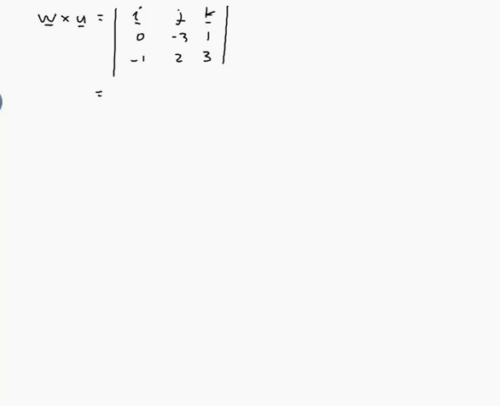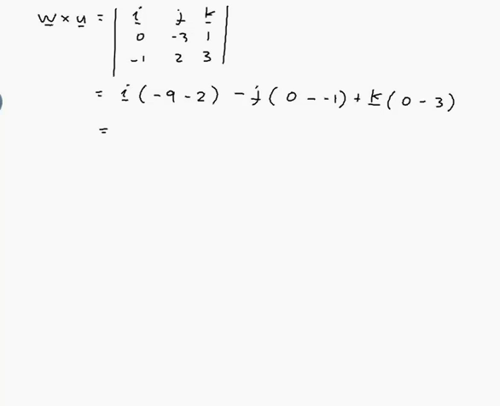So I get i times, minus 3 times 3 is minus 9, 2 times 1 is 2, so minus 9 minus 2, minus j times, let's see, 0 times 3 is 0, minus 1 times 1, plus k times 0 times 2 is 0, minus 1 times minus 3 is 3.